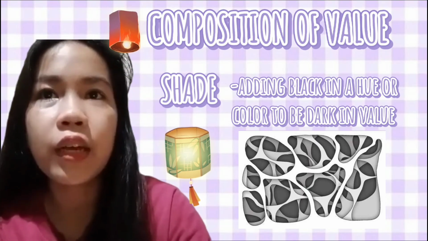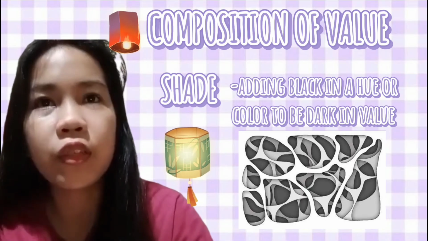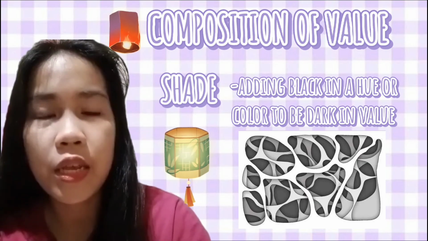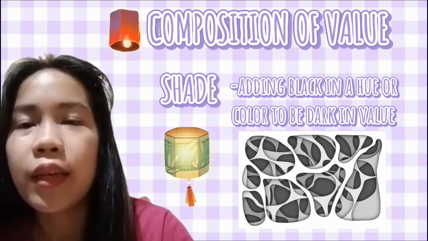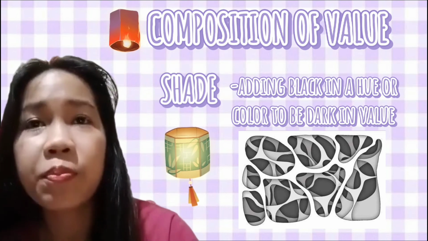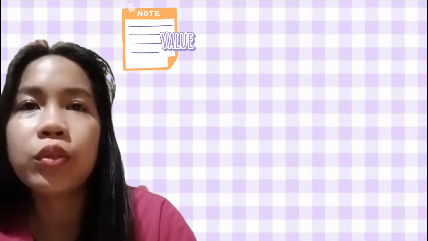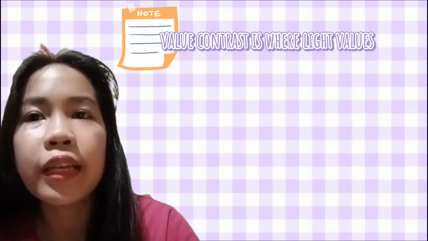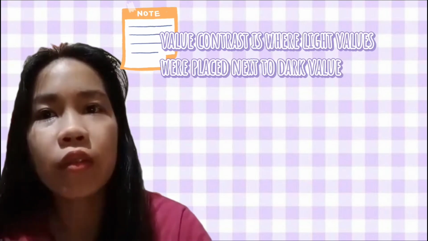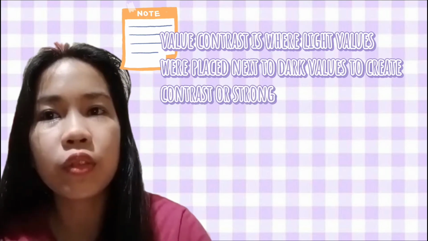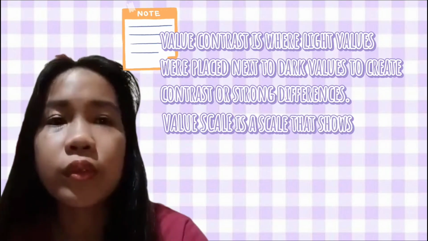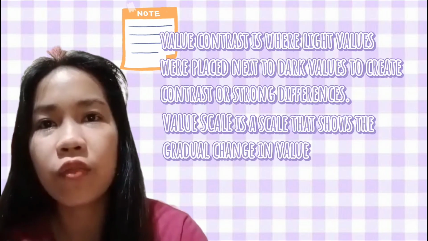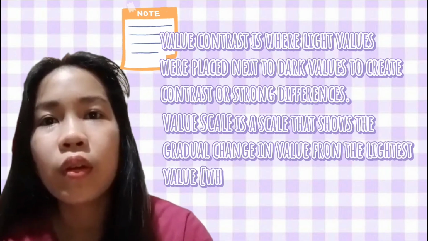So, when creating a value scale, for example for the color red, you can start with the middle red, then add white to create the lighter side, and a small amount of black at a time to make it darker. Again, value contrast is where light values are placed next to dark values to create contrast or strong differences. A value scale is a scale that shows the gradual change in value from its lightest value, white, to its darkest value, black.